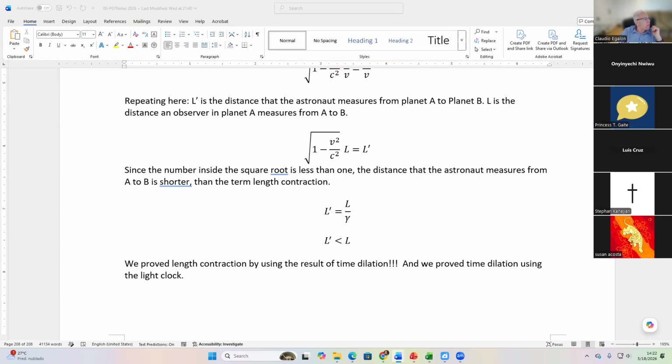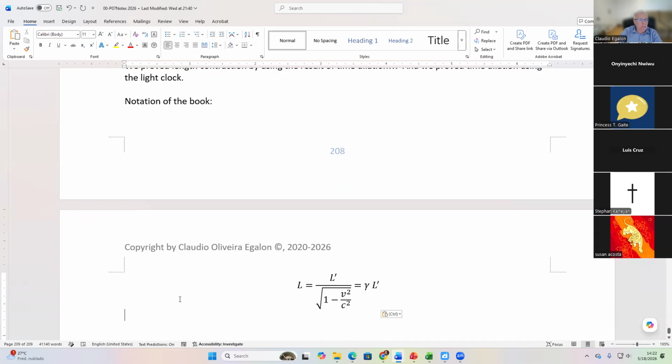Notation of the book. Let's compare the notation of the book with my notation. I prefer my notation because it doesn't eliminate important information.